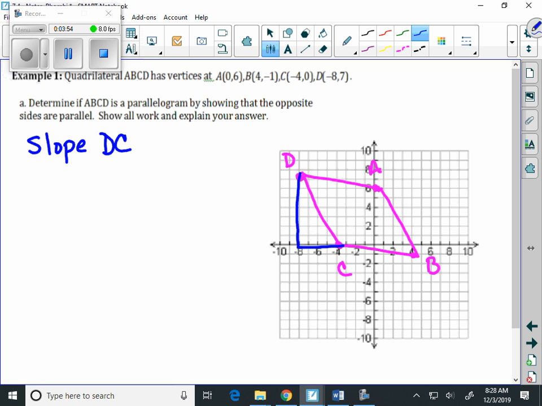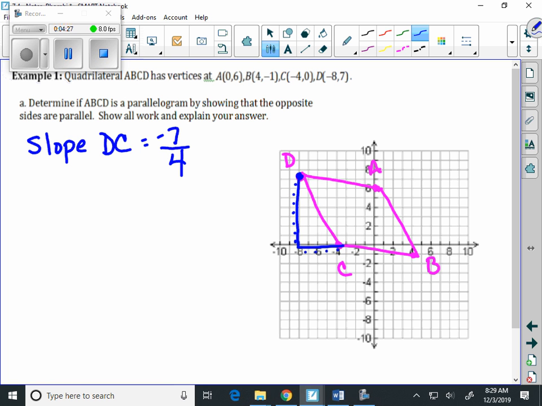And I'm going to have trouble because my picture's a little bit weak, but here, (-8, 7). So 1, 2, 3, 4, 5, 6, 7. So we went down 7. And then we went to the right 1, 2, 3, 4. -7 over 4.